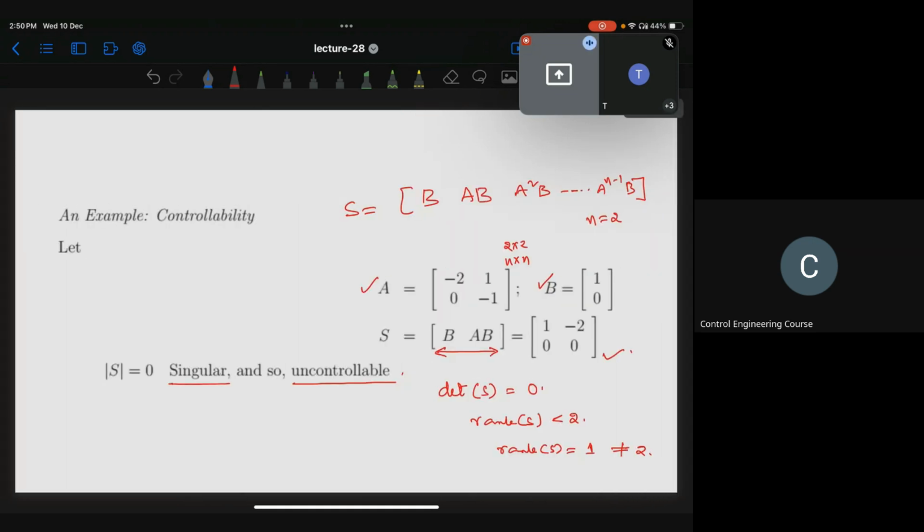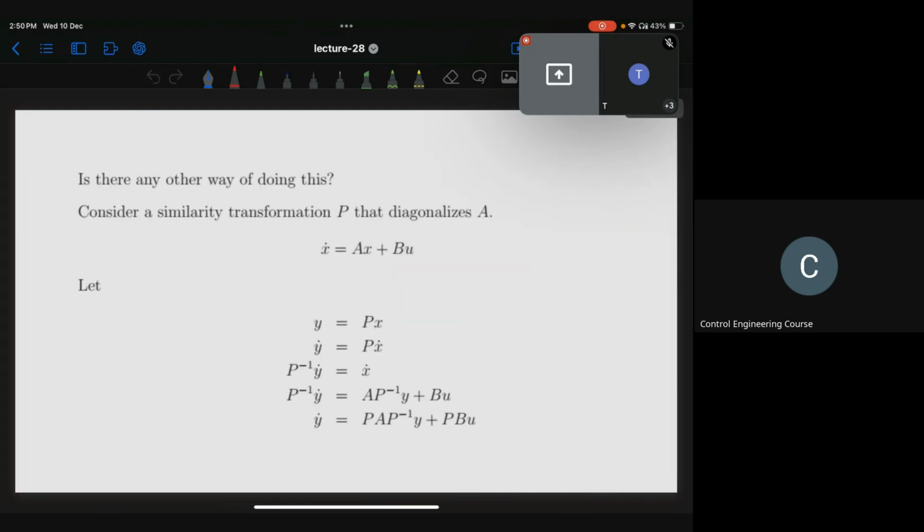Any doubts? Okay, so we can also check the same thing using a similarity transformation. With similarity transformation, given this system, let us define a new state variable y equal to Px. Then y dot is P x dot.